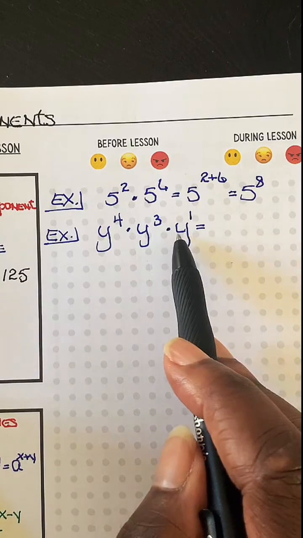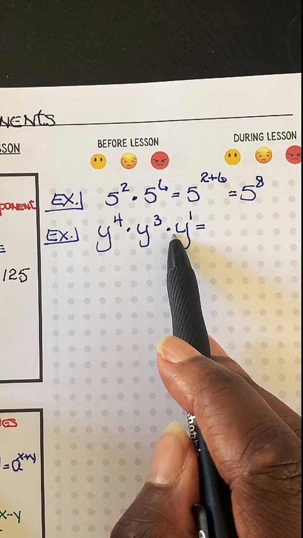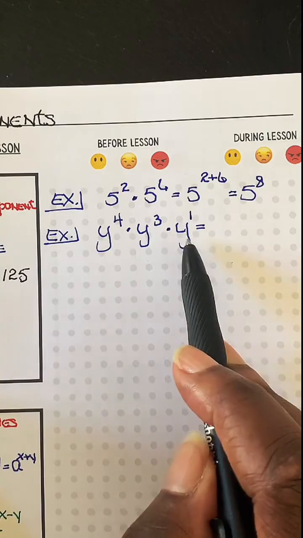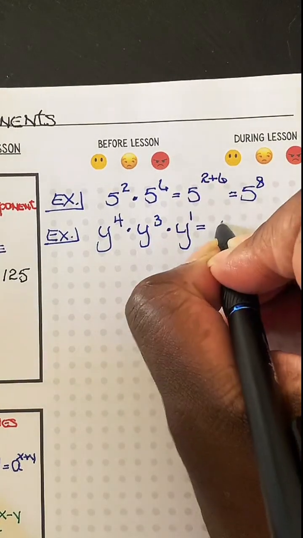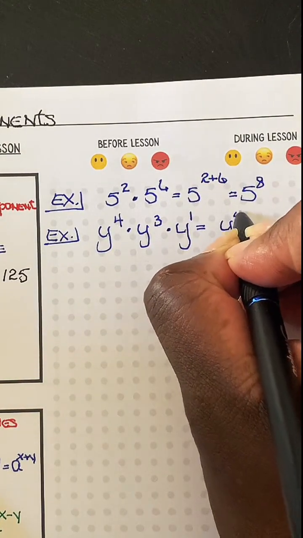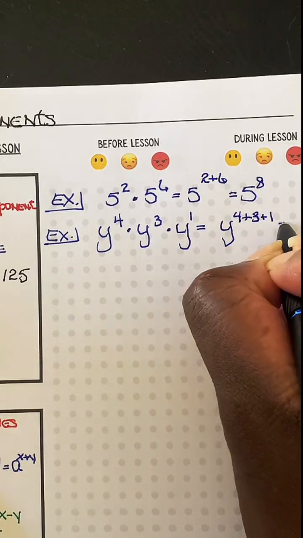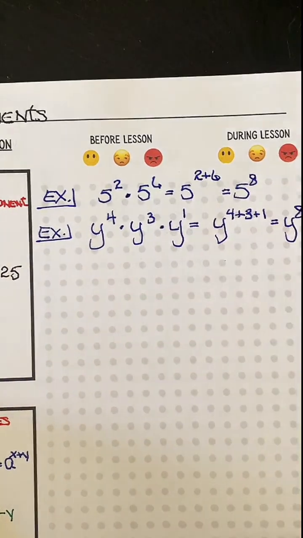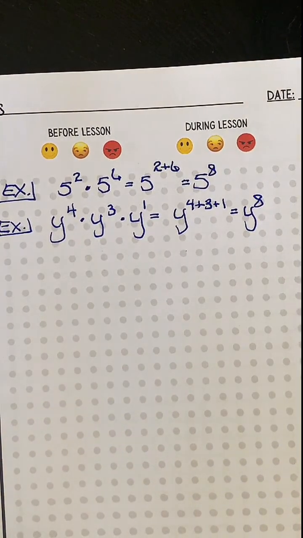No, no, no, no. The coefficient, or the number in front of the y, equals 1, as well as the exponent equals 1 when you just see the variable. So that means you got your y raised to the 4 plus 3 plus 1, and that will give us y to the 8th.